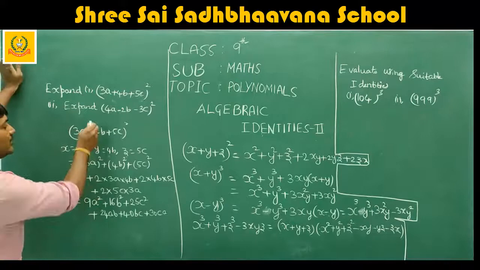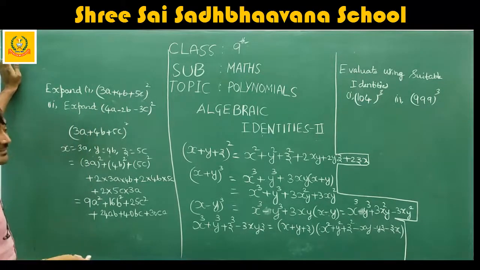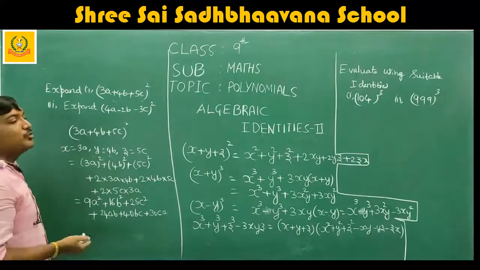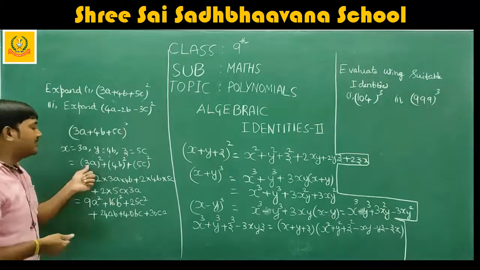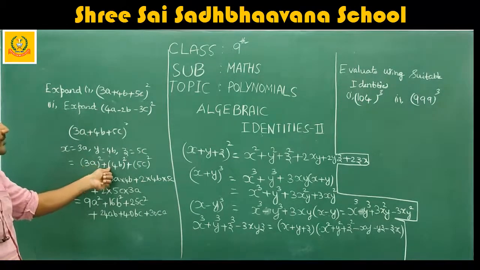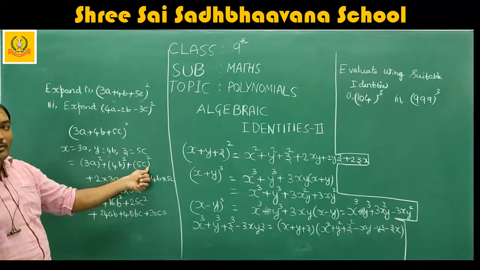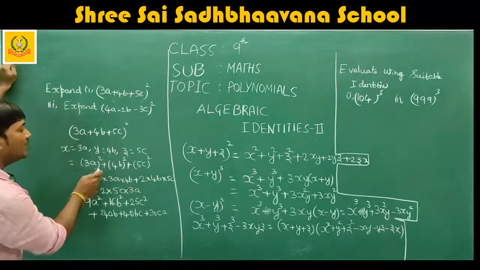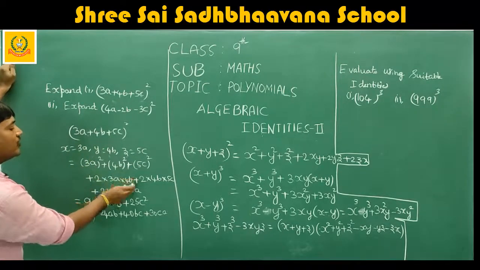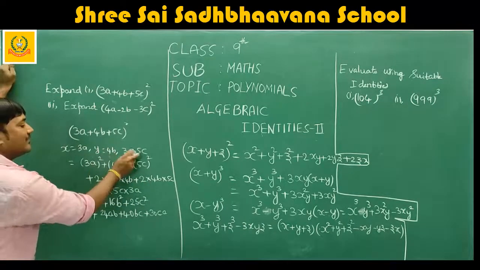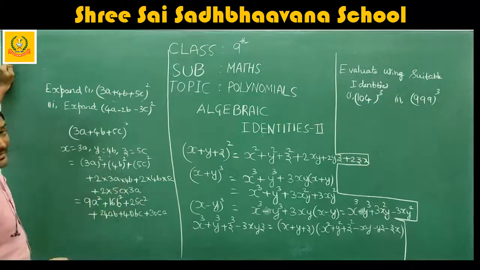So when you write it, what is the formula we have? x square plus y square plus z square plus 2xy plus 2yz plus 2zx. Got it? So x square means (3a) whole square, plus y square, (4b) whole square, plus z square, (5c) whole square, plus 2xy, 2 into 3a into 4b, plus 2yz, 2 into 4b into 5c, plus 2zx, 2 into 5c into 3a.